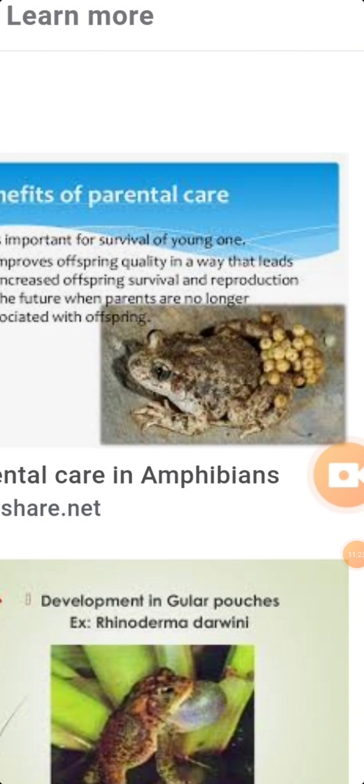How do they do the direct caring? They make a bunch-like structure, and the frog appears clearly here. The male carries the eggs around the neck in the form of a string.